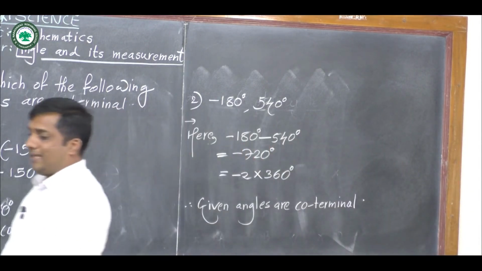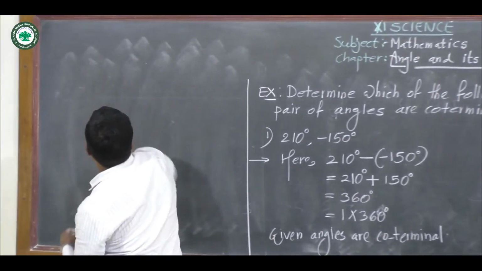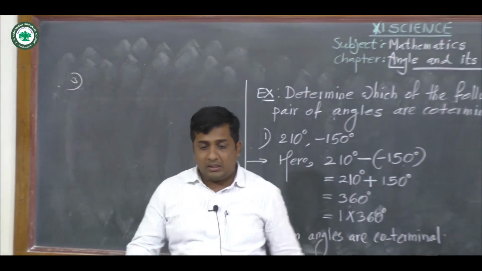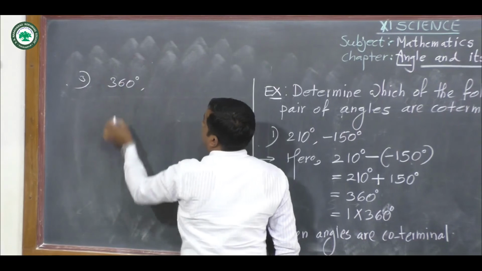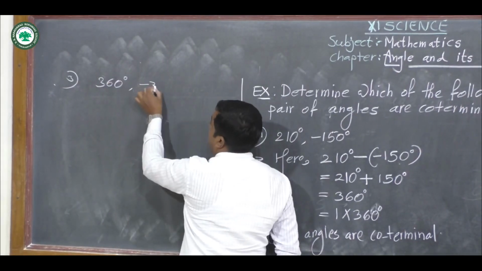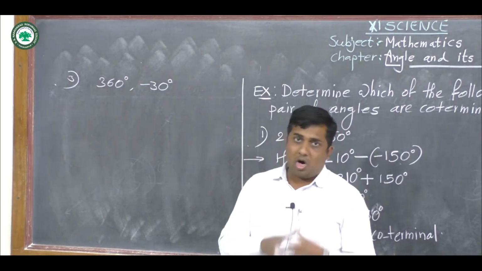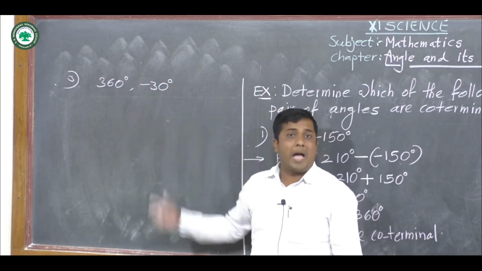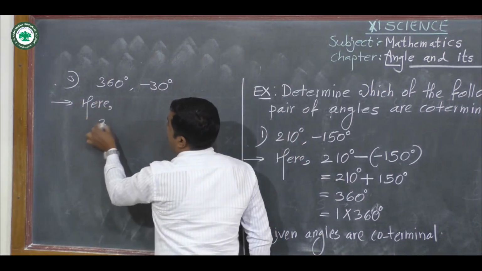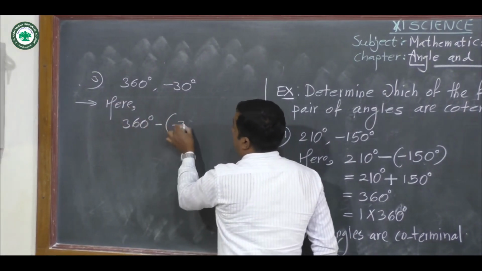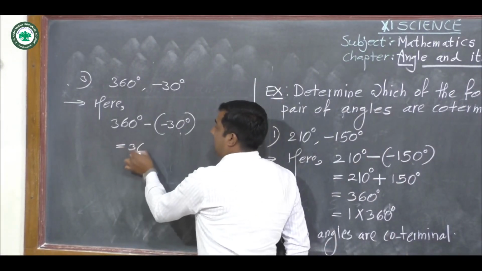Let us consider one more example. In the third, we consider 360 degrees and minus 30 degrees. Again, to check whether this pair of angles is coterminal or not, we consider the difference between these two angles. We consider 360 degrees minus of minus 30 degrees.